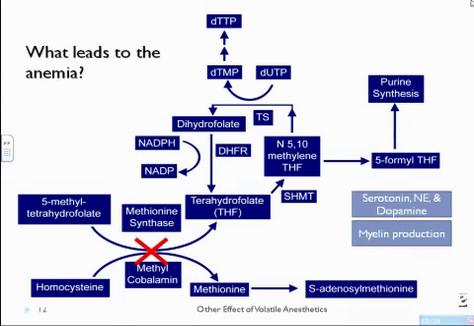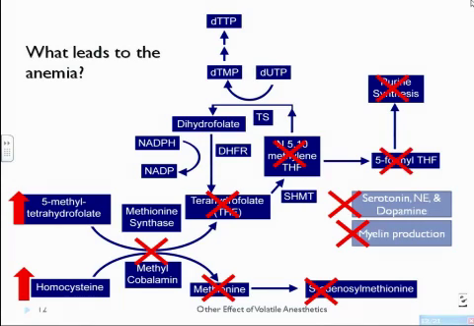As a consequence of the lack of formation of tetrahydrofolate or methionine, you'll start seeing a depletion in these levels. As a consequence, you'll see a decrease in purine synthesis, which begins to affect your DNA. You see here, then you keep going, and you see the effects: it'll inhibit the formation of serotonin and myelin production, and eventually your purine synthesis.